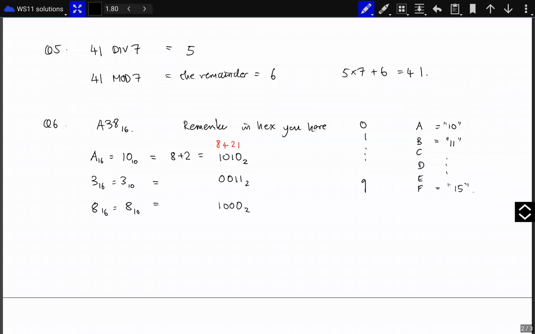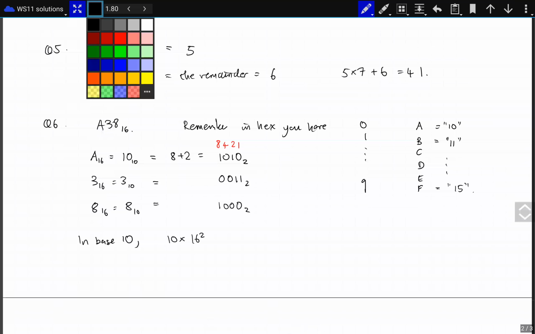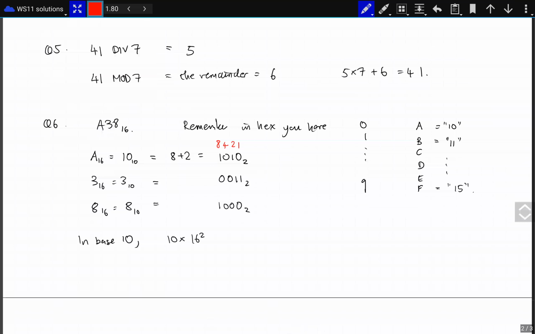So in base 10, what we have is that A38 gives me 10 times 16 squared, because this is the third digit along. You should think here we have 1, 16, and 16 squared.